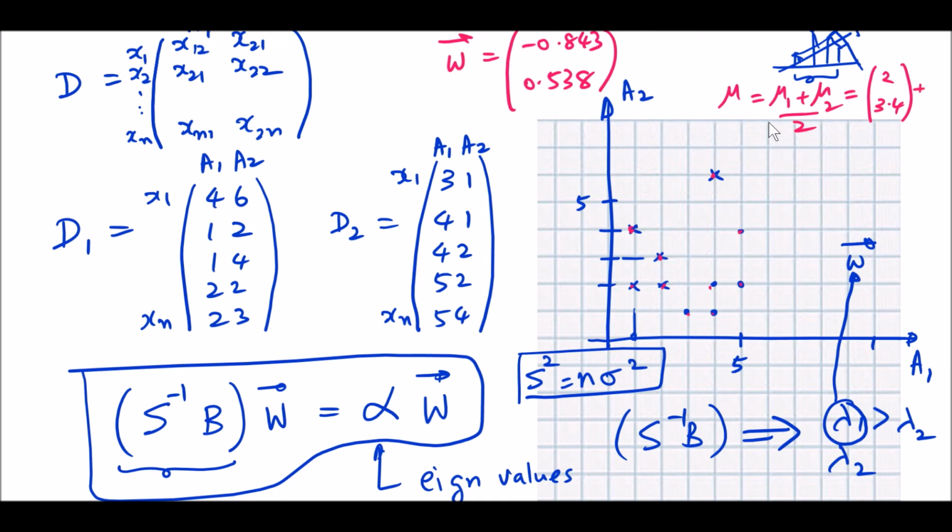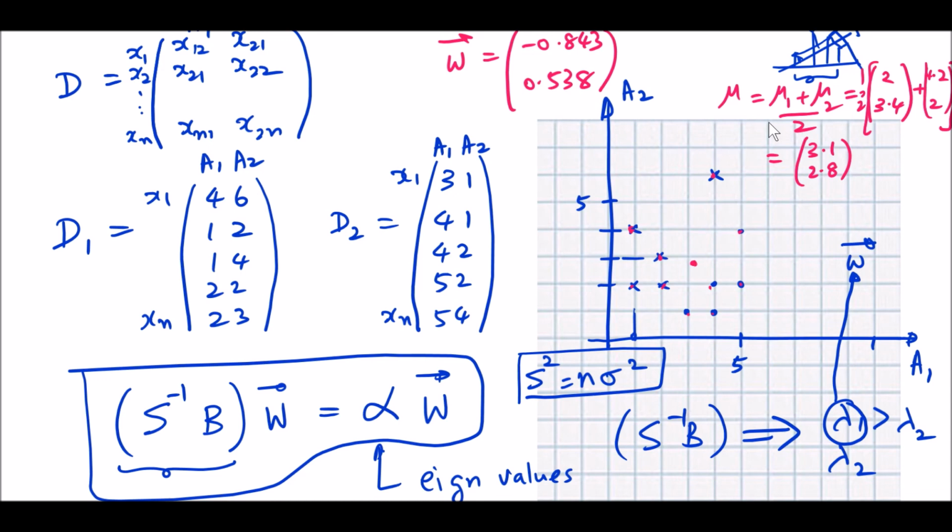So 4.2 and 2, and then half. So what we will get here is 4.2 plus 6.2, 3.1, and 5.6, 2.8. So this is our mean of the total data set 1 and data set 2. So we have a point 3.1, 2.8 somewhere here.